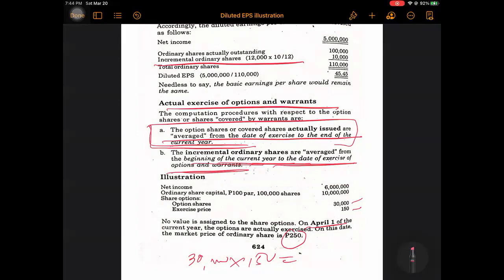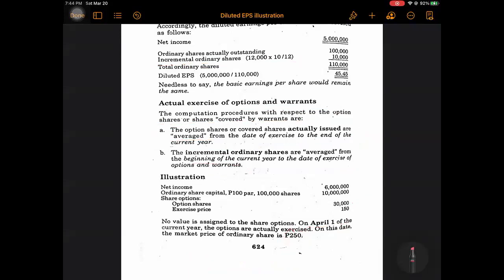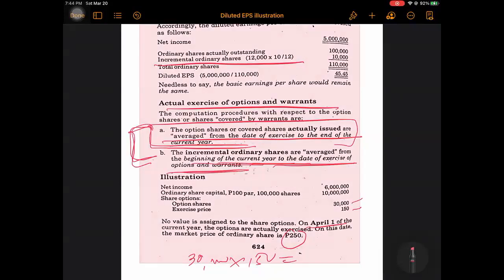Same thing: if issued during the year, you need to prorate the incremental ordinary shares. But in this case, if there is actual exercise of the options and warrants, you consider two: your basic earnings per share and this amount are both different, so you add two amounts.